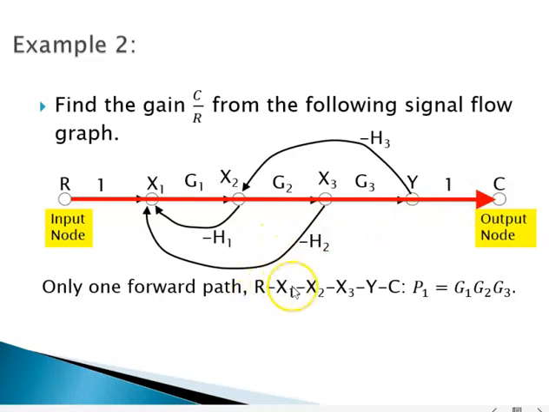That is R to X1, X1 to X2, X2 to X3, X3 to Y, Y to C. If you multiply the gains while you go across all these nodes, you have 1, G1, G2, G3 and 1. So the gain P1 is G1, G2, G3. Also we can see that since there is only one forward path, n is equal to 1.